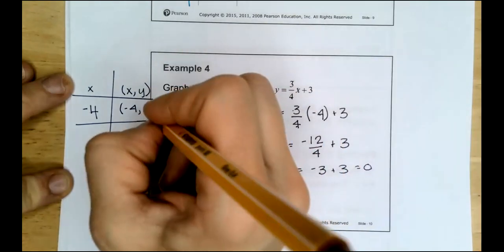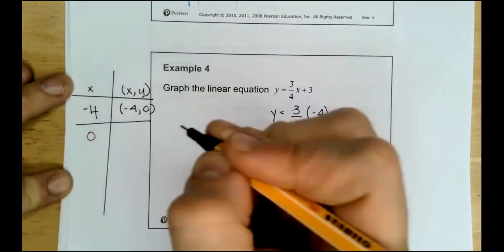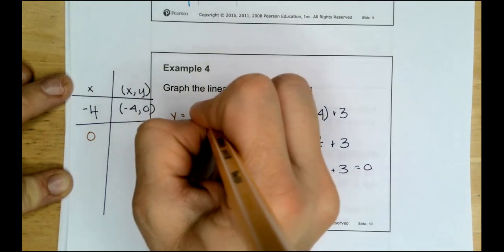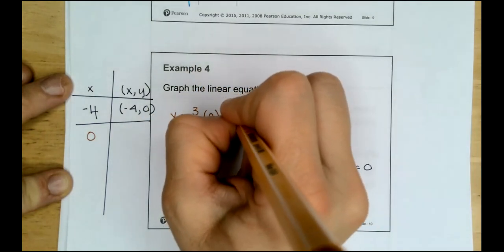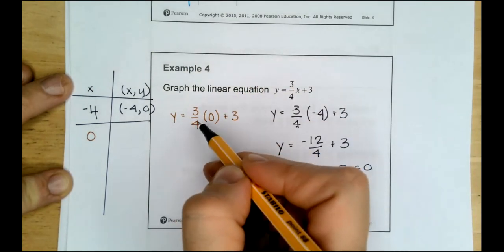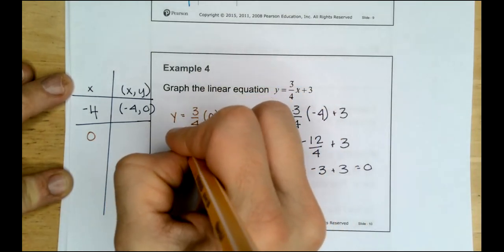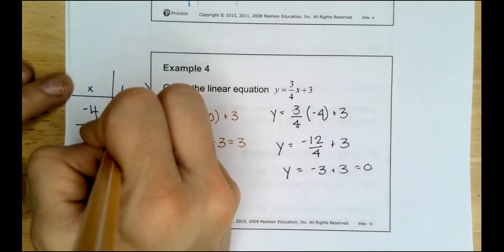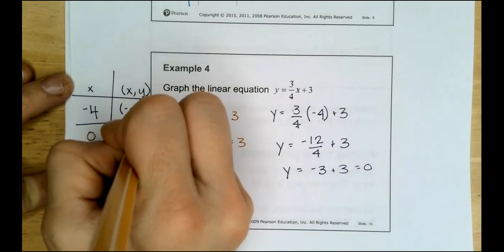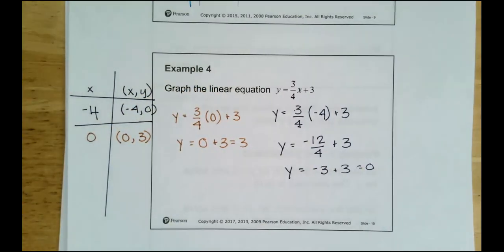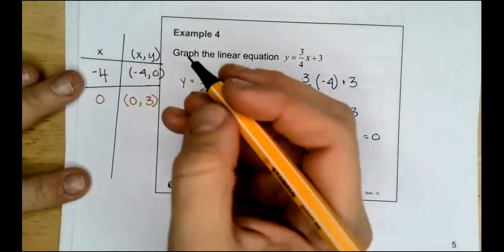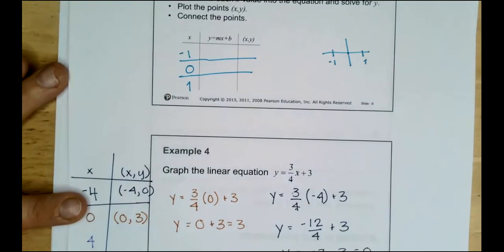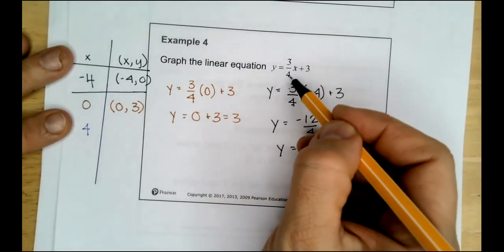All right, let's use 0 though. When x is 0, y equals 3/4 times 0 plus 3, right? Anything, even if it's a fraction, times 0 is 0. So we just have y equals 0 plus 3, which is 3. So that's the point 0, 3. And then finally, since we did -4, maybe a +4, right? Because I said I like -1 and +1 up here, but I want to account for that 4.